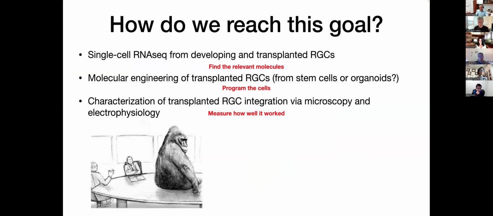And then ultimately, one of the gorillas in the room here is how much do we need to do this for all the different cell types? I love studying ganglion cell types. I've committed many years of my life to figuring out all the different ganglion cell types in the mouse retina and where they go and what they do.